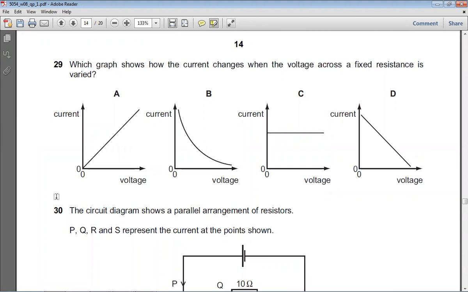Which graph shows how the current changes with the voltage across a fixed resistance?